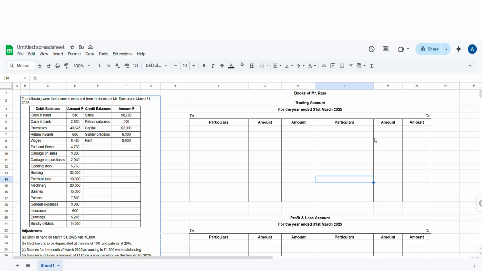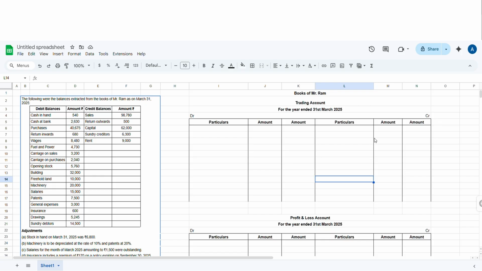Debit balances: cash in hand 540, cash at bank 2,630, purchases 40,675, return inwards 680, wages 8,480, fuel and power 4,730, carriage on sales 3,200, carriage on purchases 2,040, opening stock 5,760, building 32,000, freehold land 10,000, machinery 20,000, salaries 15,000, patents 7,500, general expenses 3,000, insurance 600, drawings 5,245, sundry debtors 14,500.